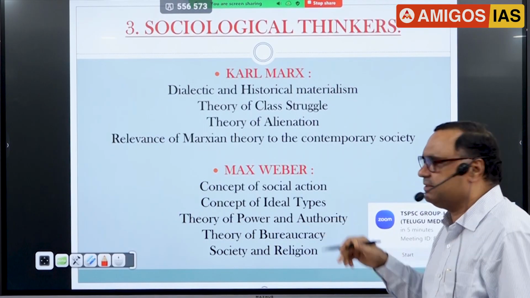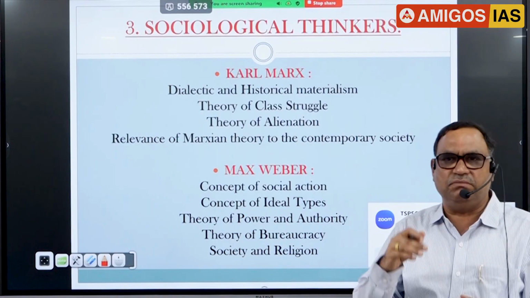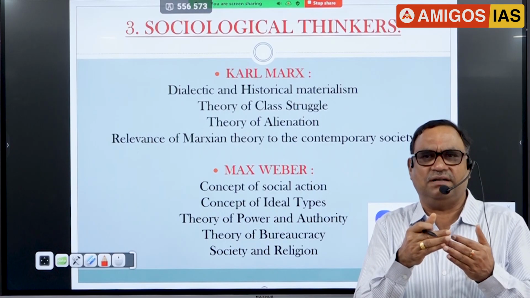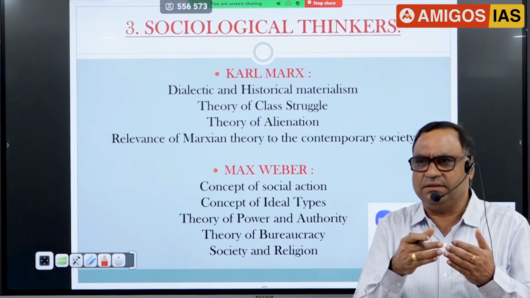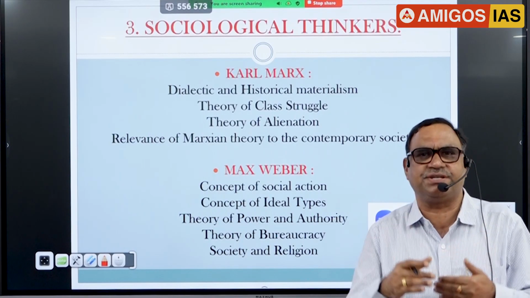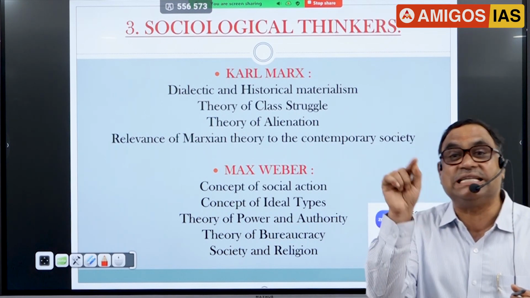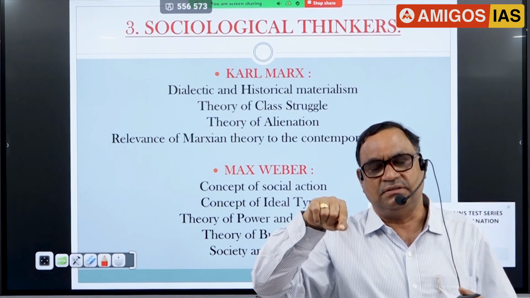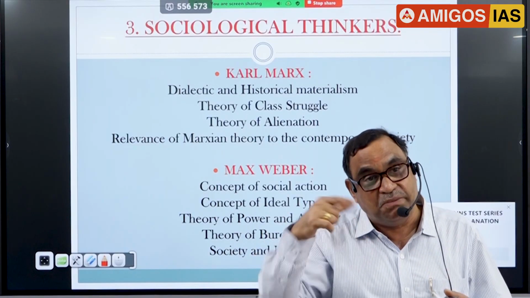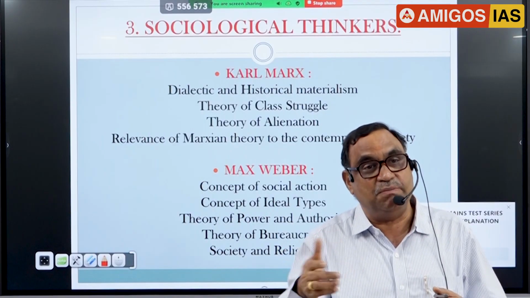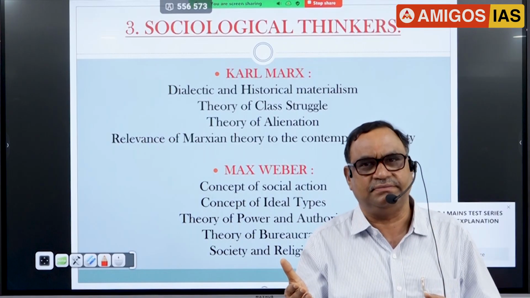Similarly, Max Weber. Weber's views are in contradiction with Marx. Marx was highly pessimistic about capitalism, whereas Weber was highly optimistic about capitalism. Weber was the supporter of capitalism.